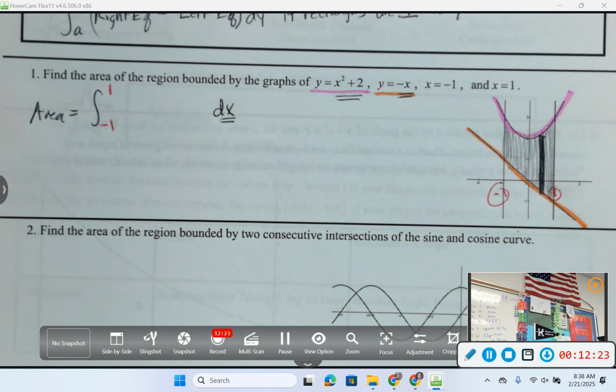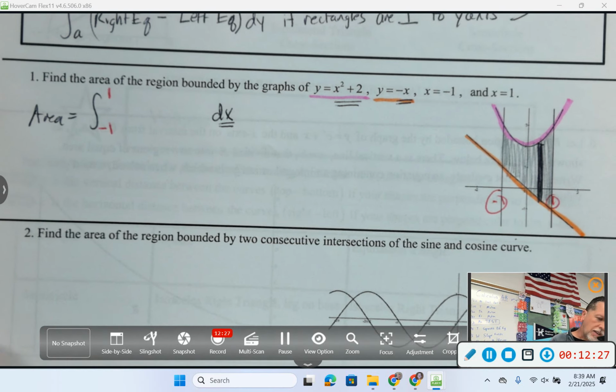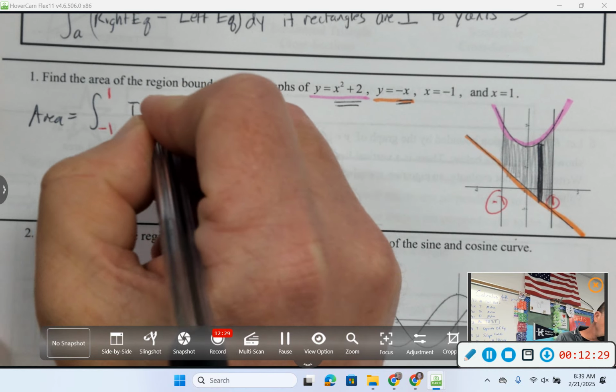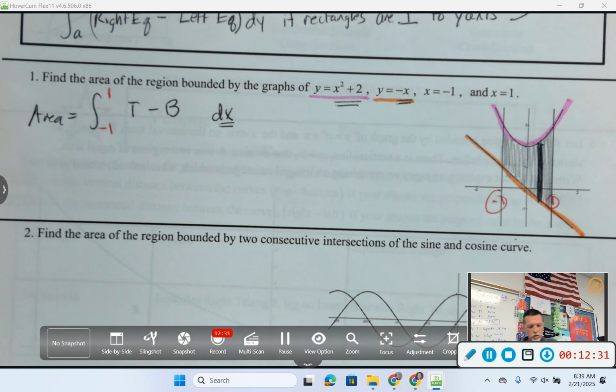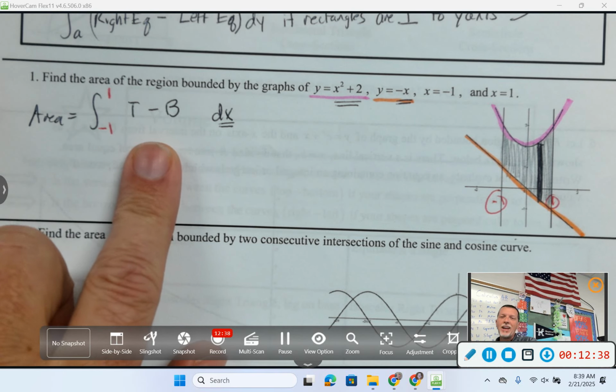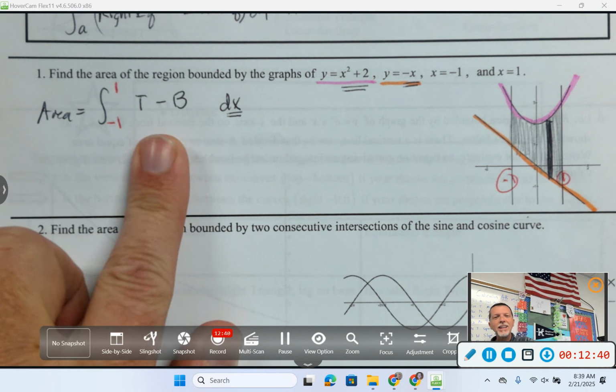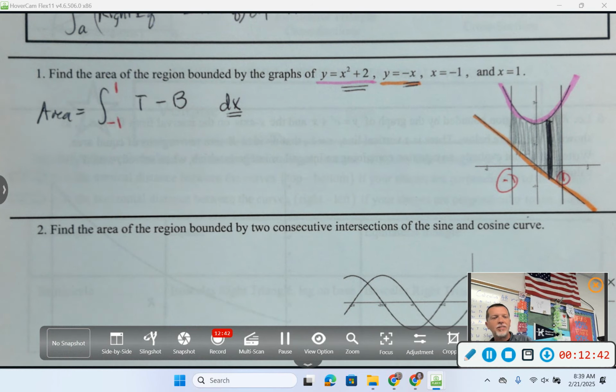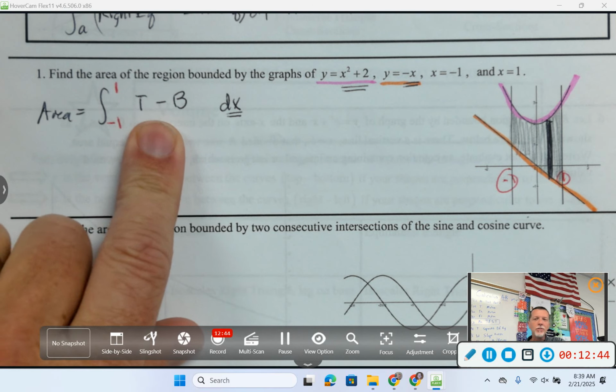So from negative 1 to 1. And then I need to do top minus bottom. I'm going to show a little extra work that you probably won't show after you've done some of these, but using this format will help when we get to next week. Next week they get a little more complicated, and you won't be able to jump straight to the answer. So putting letters in there will help next week.